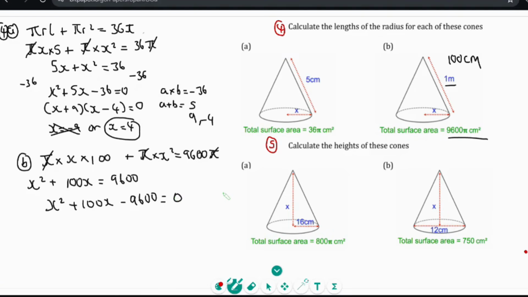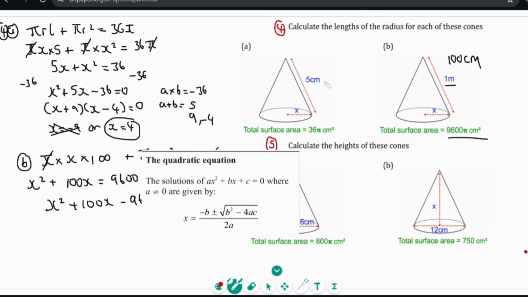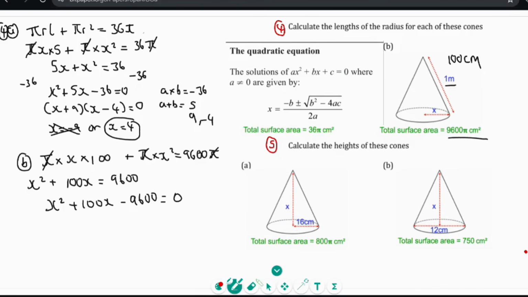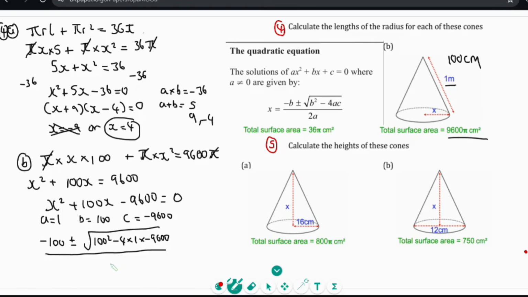I'm going to use the formula here just because I don't want to find all the factors of 9,600. So A is 1, B is 100, C is minus 9,600. So minus B plus or minus the square root of B squared minus 4 times A times C, all over 2A.